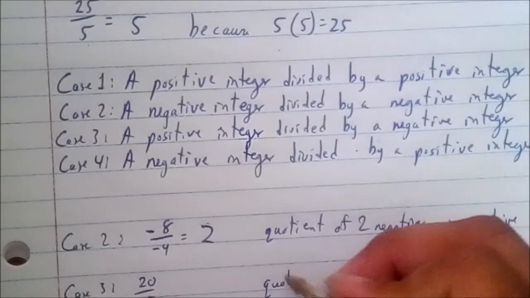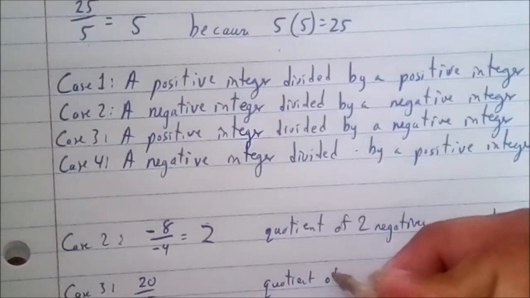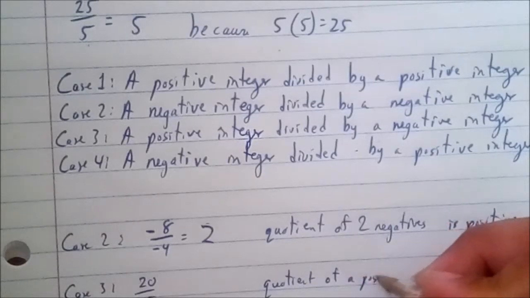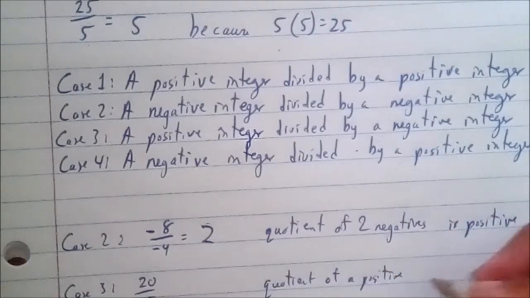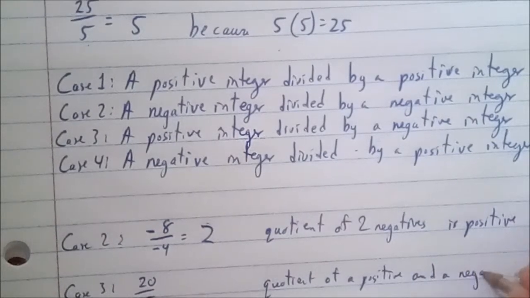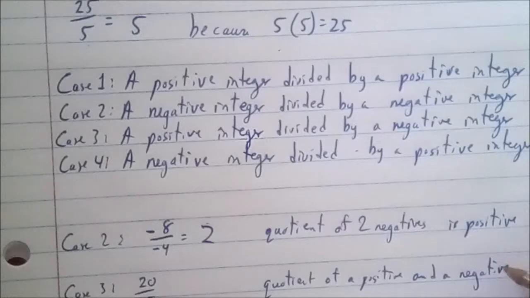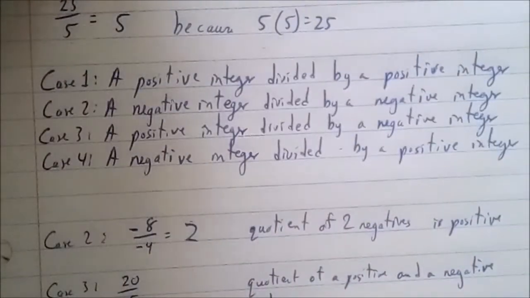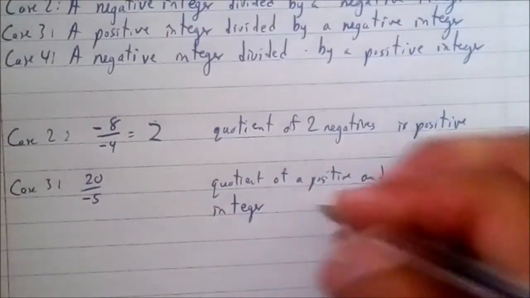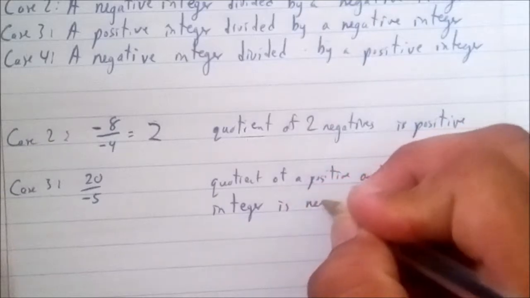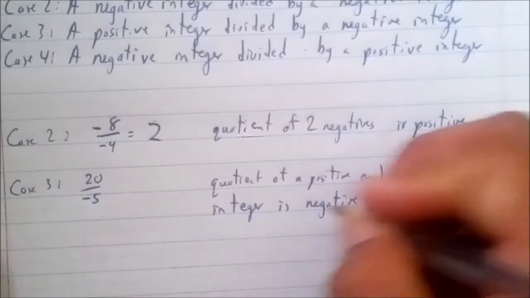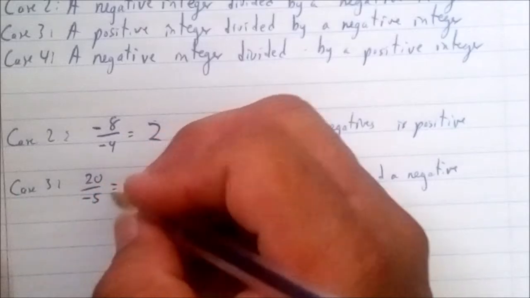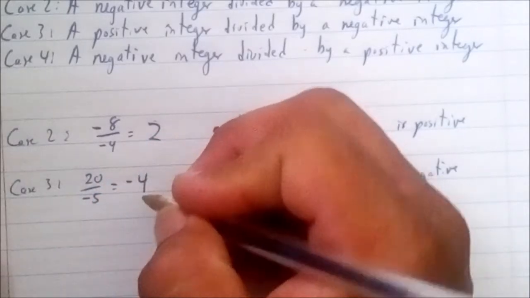So the quotient of a positive and a negative integer is negative. So we have 20 divided by negative 5, that gives us negative 4.